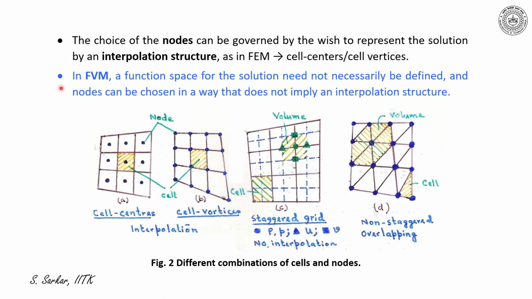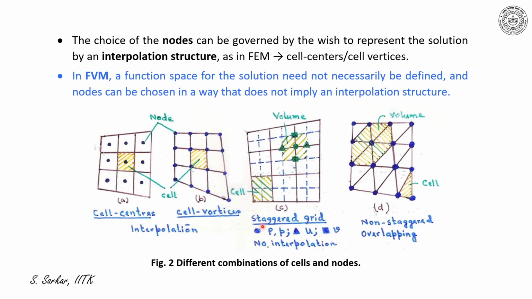Thereby, I have written here point number 2: in FVM, a function space for the solution need not necessarily be defined, and the node can be chosen in a way that does not imply an interpolation structure.